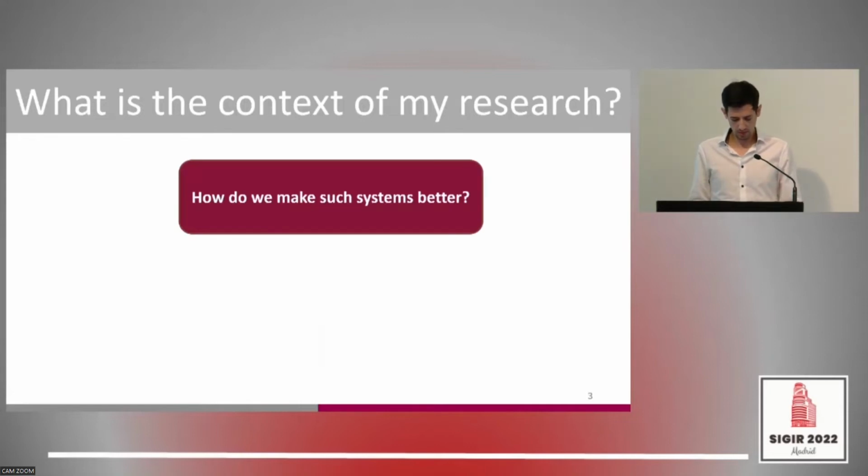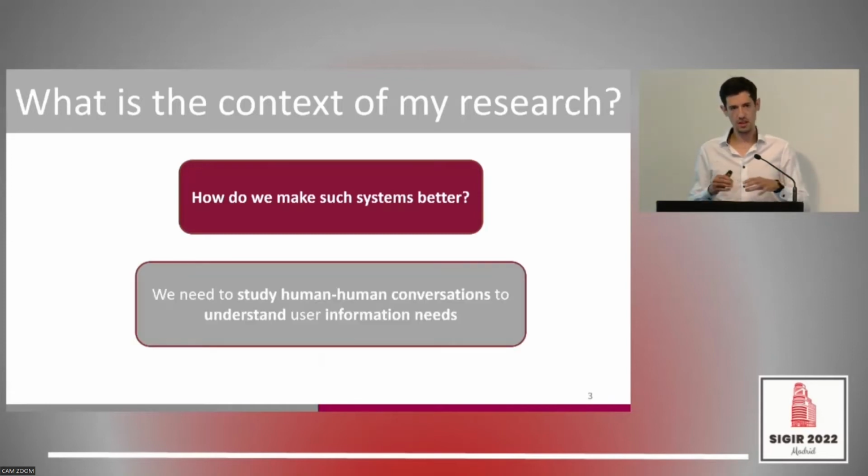So we, in the end, want to go beyond simply providing results or factoid results. We want to more understand the actual process and the human conversations that are behind these types of interactions. As I said, we need to study human conversations to also understand the user information needs, to then design systems that can assist in such situations properly.